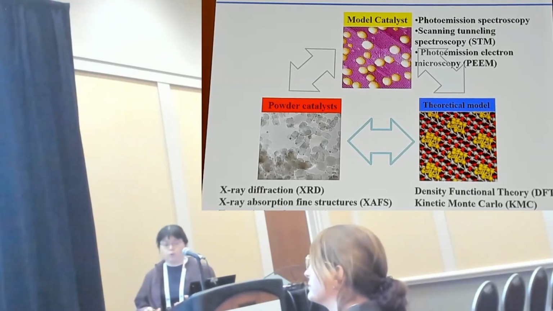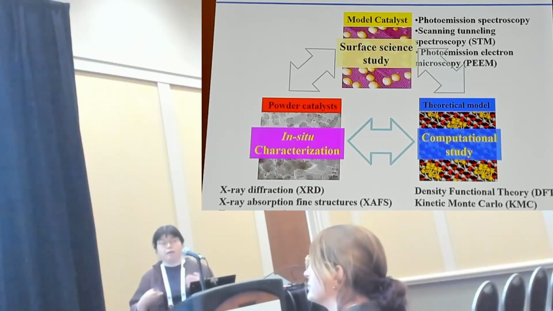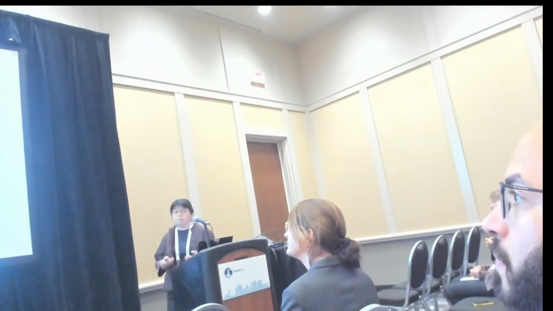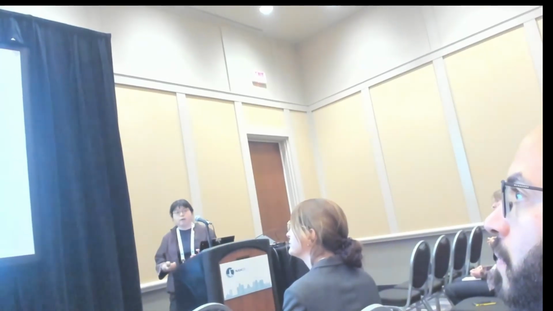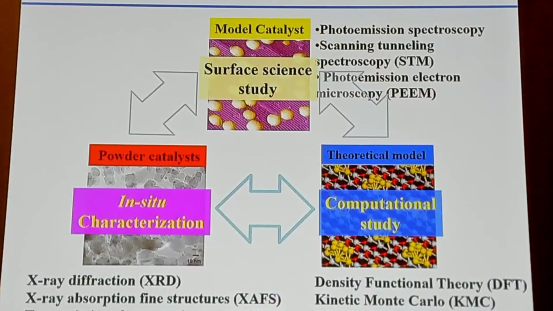This is very important for the development of catalysts. So at Brookhaven, we're combining in situ and operando characterizations for powder catalysts, surface science studies on model catalysts, and theoretical studies, trying to understand how the catalyst behaves. From there, we want to extract design principles to guide us in how we can optimize the behaviors of the catalyst.